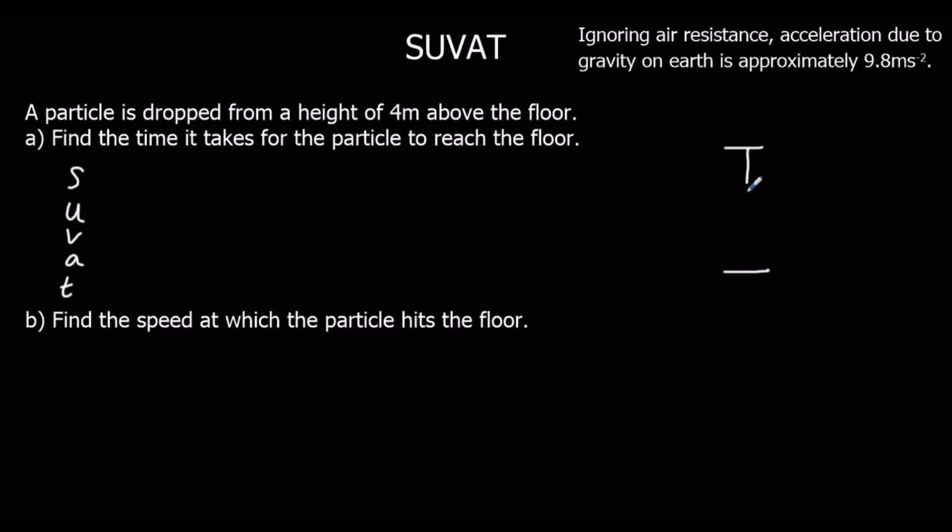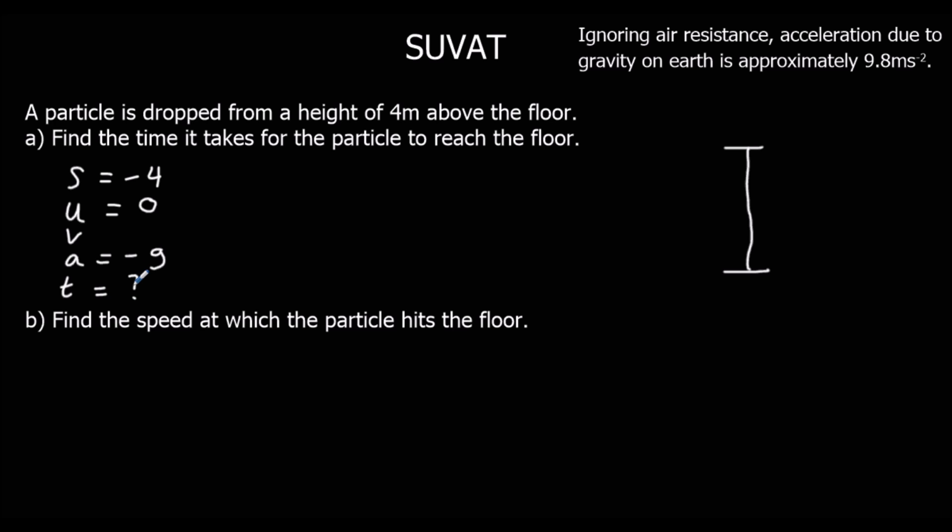So there's the motion, a downwards motion. So its displacement, it goes down 4. So if we say down is negative, its displacement is negative 4. It's dropped, so its initial velocity is 0. Its acceleration is minus g, minus 9.8, and we're working out t.